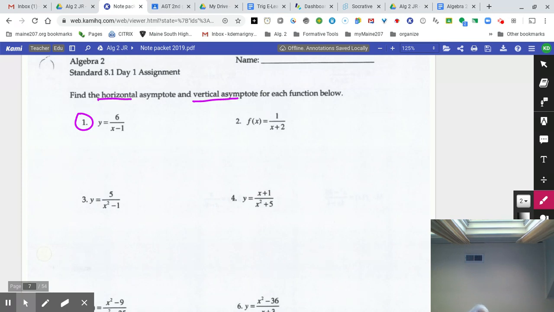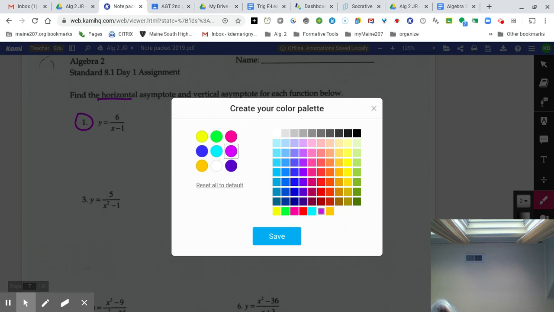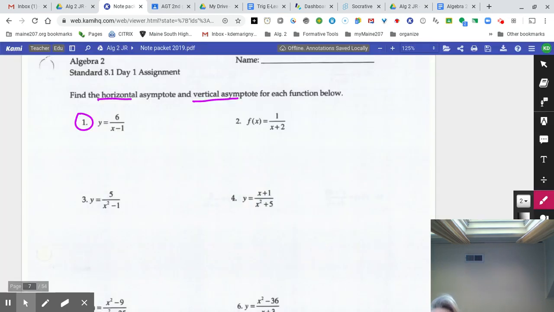In order for me to find the horizontal and vertical asymptotes, let me go back to my pen here. Let's go to red. We usually find vertical first and horizontal second. The vertical is looking for my excluded values in the domain.